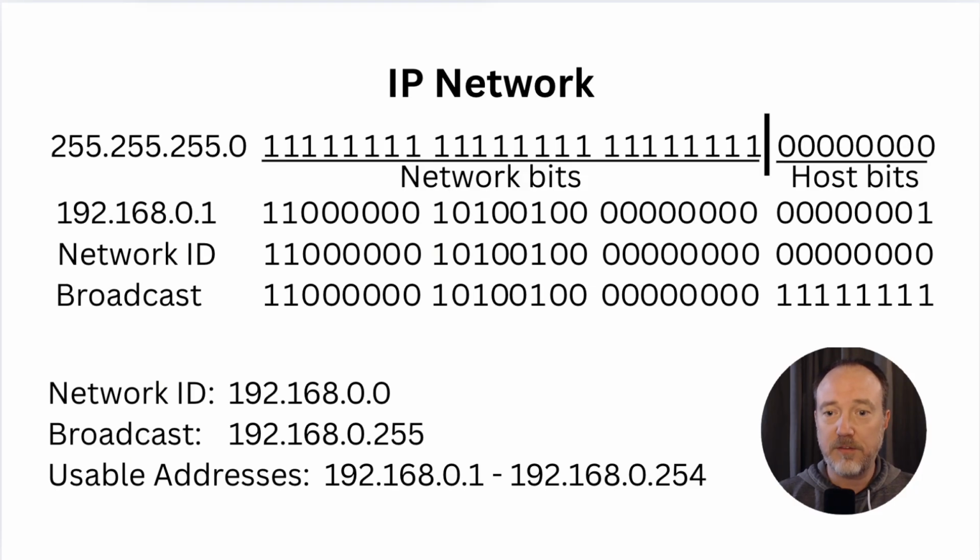The same process works when we look at it in the binary, and it's important to understand the binary, because when that transition from 1s to 0s happens at a different point that isn't right on the octet boundary, now we have to look at the individual bits to figure out what actually are the host bits.